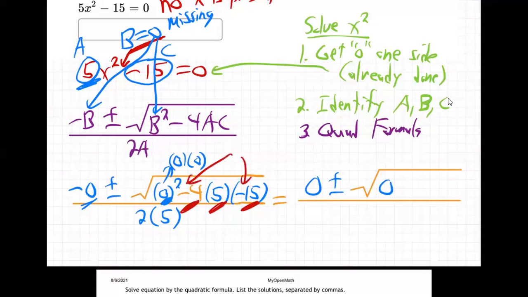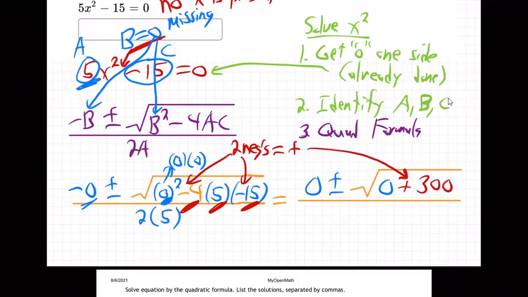Notice 2 negatives equal positive. So that's going to be positive. And then just multiply on your calculator. 4 times 5 times 15. It's going to be 300. Positive. That's a common mistake people make right there, is they don't get the sign right.